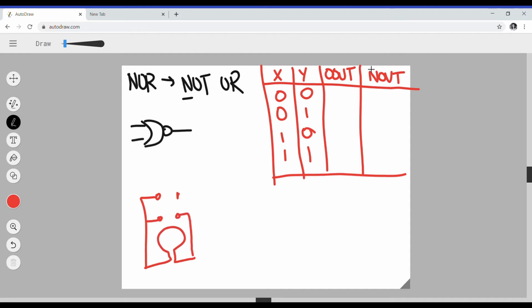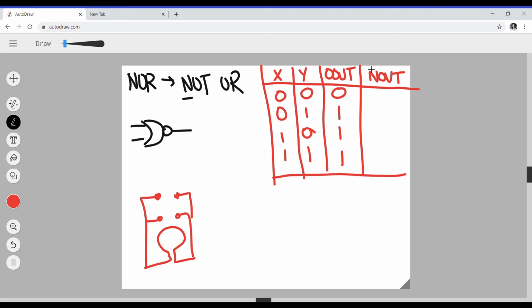That's the bulb, and these will be our switches. If both switches are open, then the light bulb won't turn on. If the second one's closed, then the light bulb will turn on. If the top one's closed but the bottom one's open, it'll still turn on because the electricity has a way to flow through there. And if both are closed, the light bulb will also turn on.